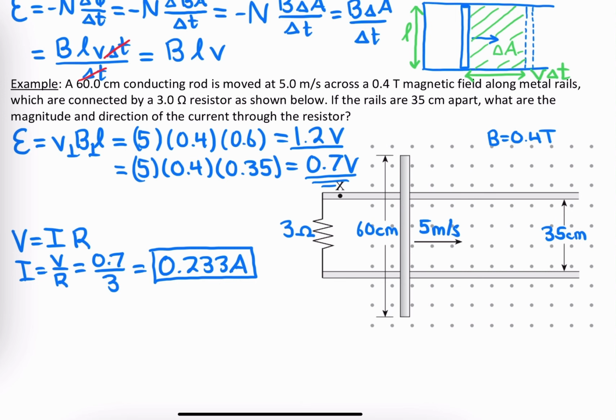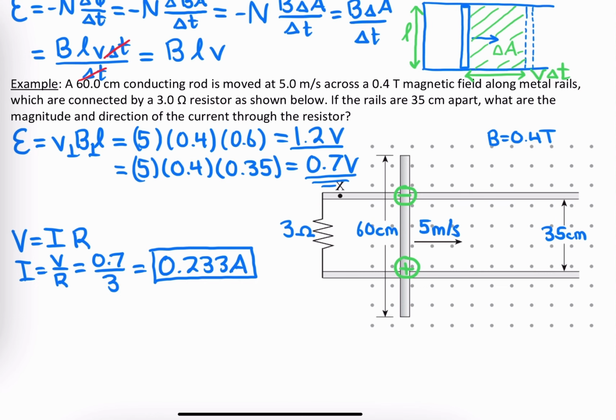So I end up with a bunch of electrons up here, meaning this will be negative. And because all the electrons are leaving the bottom of the rod, I'll have just protons left down here. So the bottom of the rod will be positive. So there we have the negative and positive terminal of this moving rod power supply.